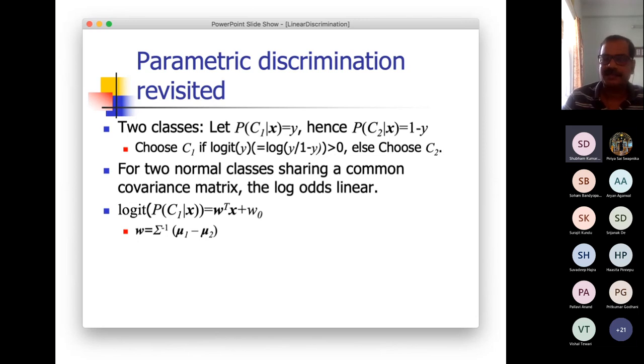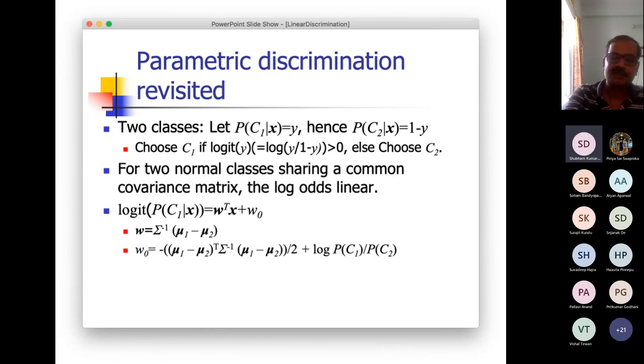That is a linear discriminant function, or linear function W transpose X plus W naught, where W is sigma inverse times mu1 minus mu2. Because you are handling two classes, you do not require two discriminant functions. One function is sufficient, and we are considering that itself is like this, and W naught is this.